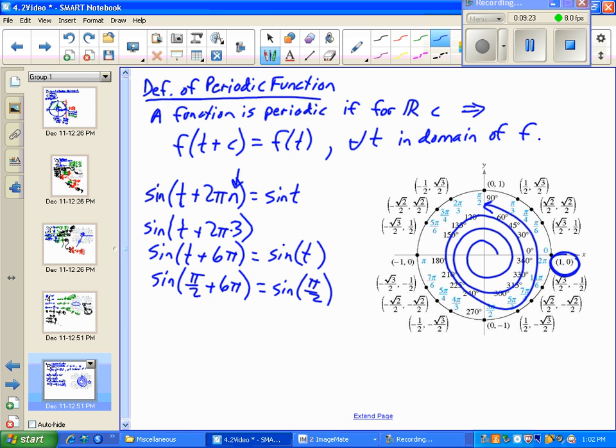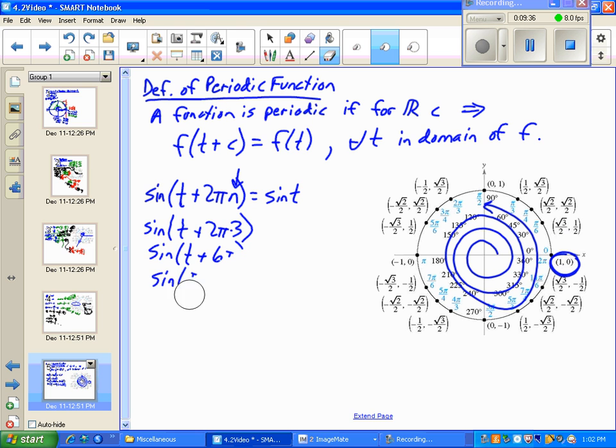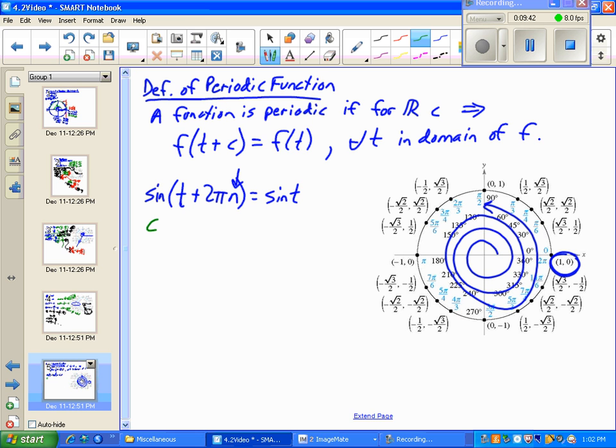It's the same value as taking the sine of pi halves. So the sine of 13 pi halves is the exact same thing as the sine of pi halves. We'll do some examples later with that. The cosine of t plus 2 pi n is the cosine of t, so that works equally well with that one.